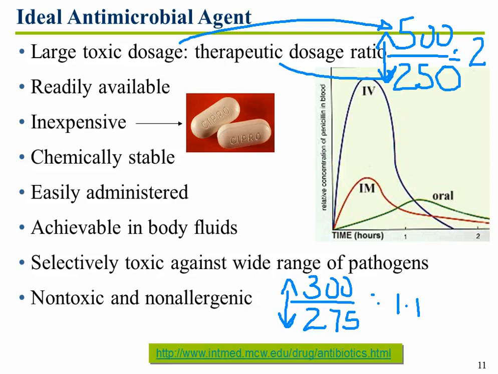And if those two dosages are the same, like let's say the ratio was 1, that would be a totally useless drug, because then you'd be causing damage to the host while you're getting rid of the infection. The toxicity could be worse than the infection itself. So you do not want to do that.